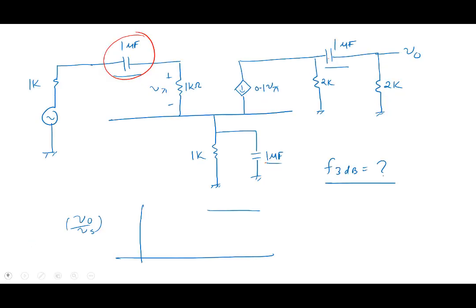Note what can happen. Let's take this capacitor C1, this capacitor C2, and this capacitor C3. We've all seen that C1 has an effect of causing a fall like this, right? But suppose C1 were not there, and C2 were to cause an effect like this. This is C2 and this is C1.